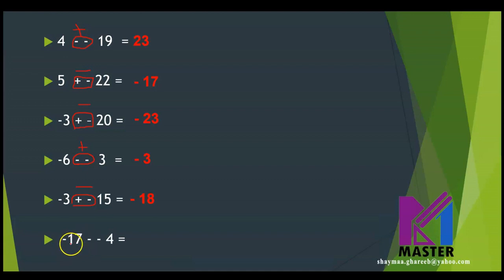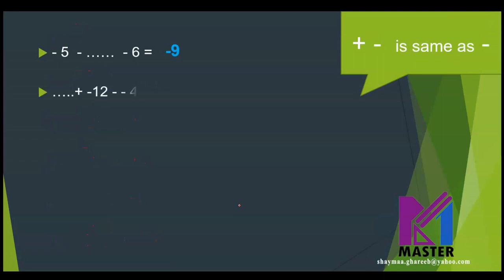The last example here, negative 17 minus negative 4. So I'm going to change both of them into addition. So negative 17 plus 4 equals negative 13. Is this clear? Now let's try more examples.